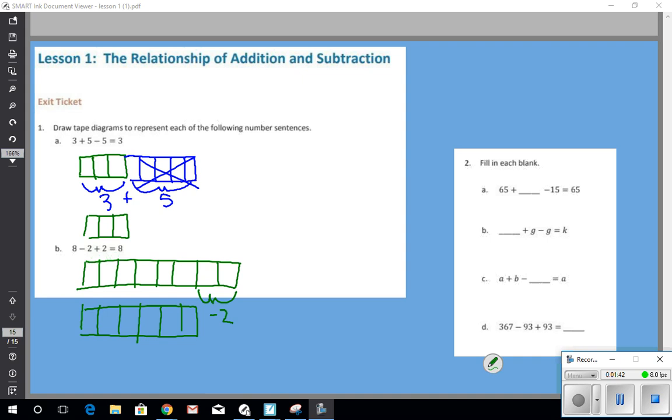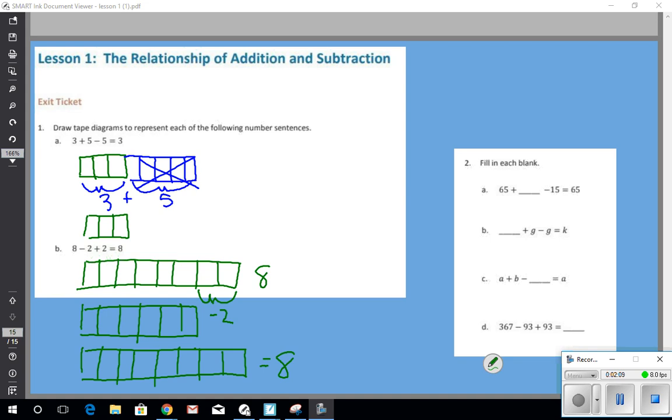And then if I had to add my 2 back on, I'd be here again. So I had 8, I subtracted 2, and then when I was done, I ended up with 8 again after I added the 2 back on. So that's just a real basic visual of what the tape diagrams would look like.